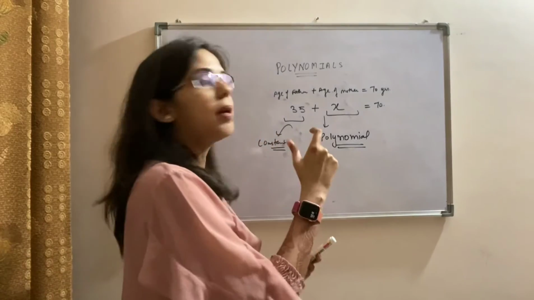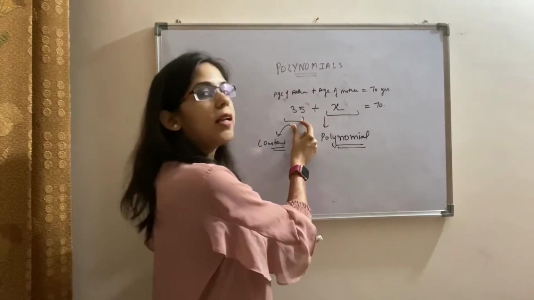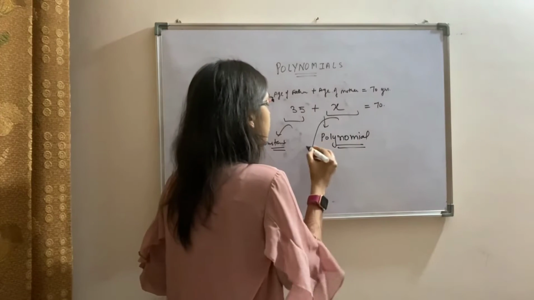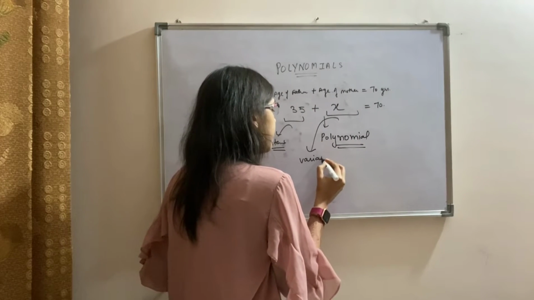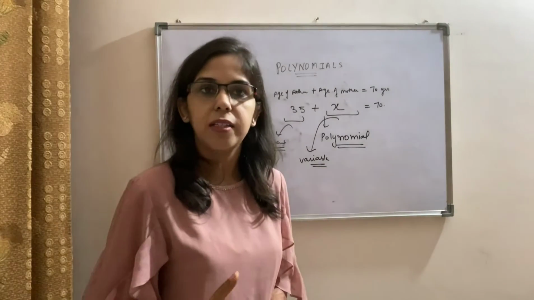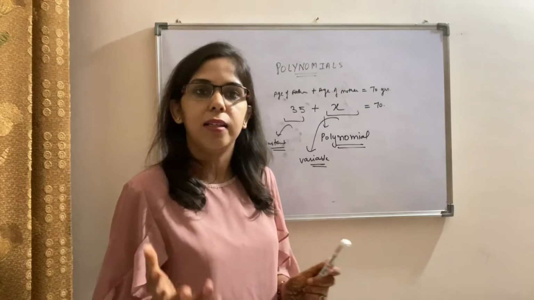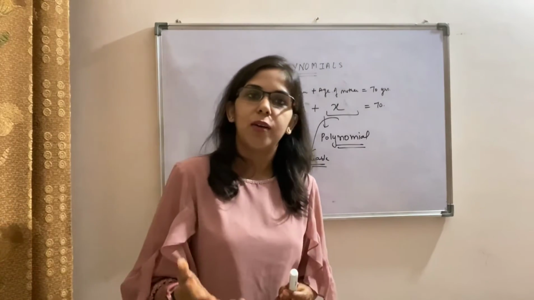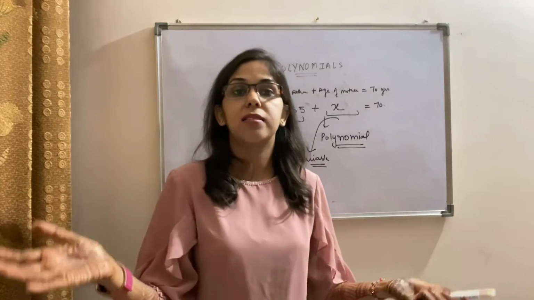So in this mathematical statement also, the fixed value is 35, and the unknown one is called a variable. Variable means which has liberty to vary, which has liberty to take any value. Like sometimes you get 0 out of 10, sometimes 1 out of 10, sometimes full marks 10 out of 10.